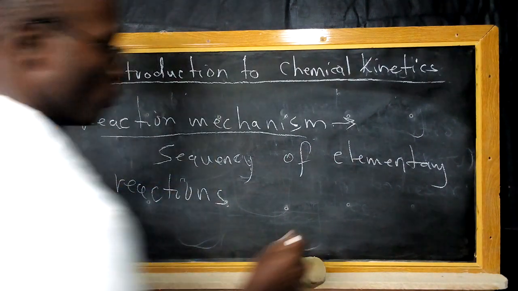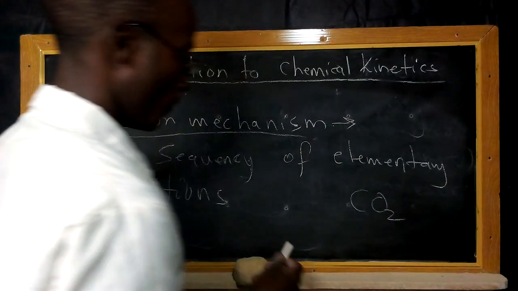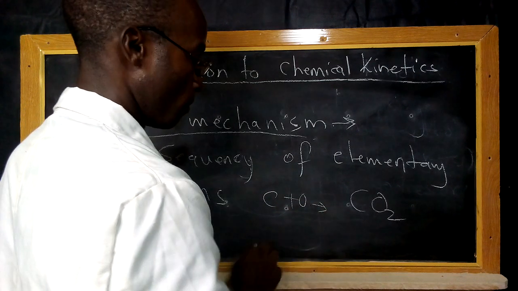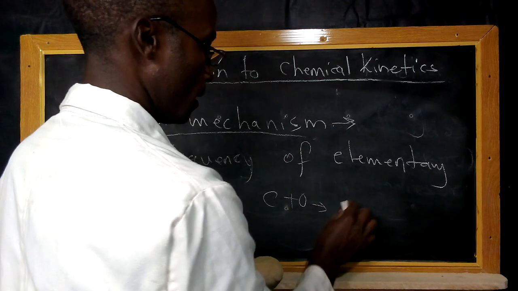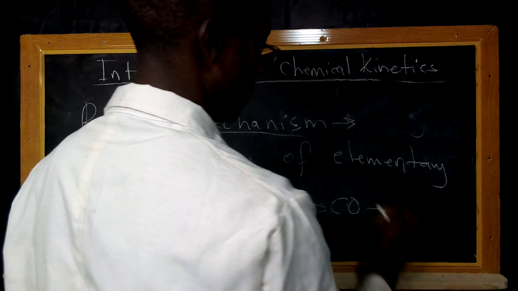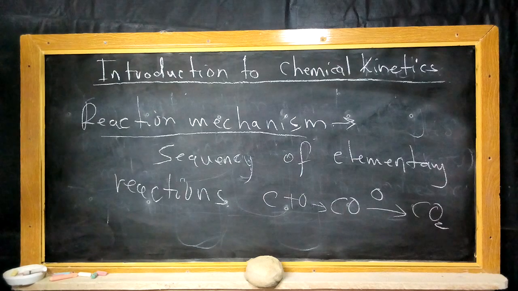For instance, if I want to form maybe CO2, I can react carbon plus oxygen to form carbon 2 oxide, and then upon addition of more oxygen, then I will produce carbon 4 oxide.